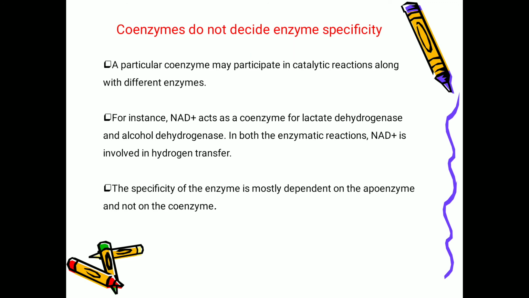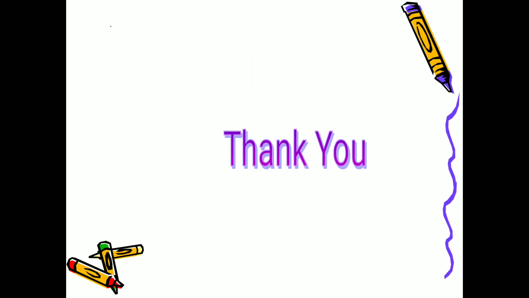The holoenzyme consists of two parts, the protein part and the non-protein part. The protein part is called the apoenzyme and the non-protein part is called the coenzyme. So the enzyme specificity is only because of the protein part of the enzyme, that is the apoenzyme. Here we have discussed holoenzyme, apoenzyme, coenzyme and cofactor.